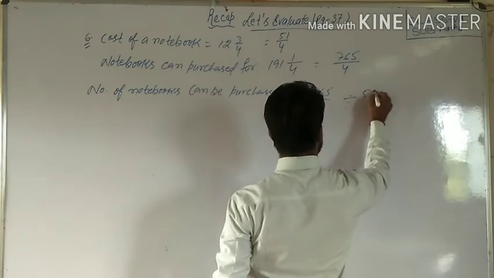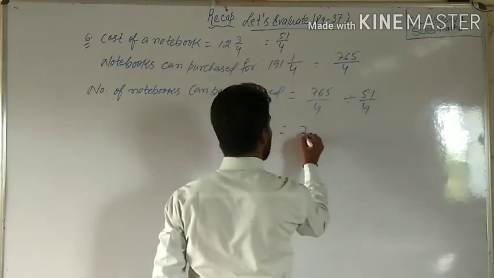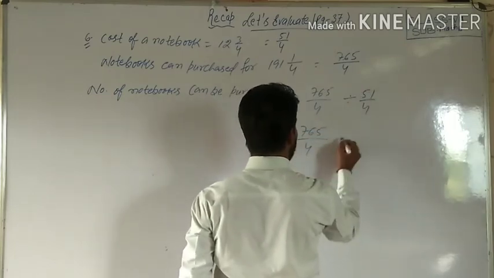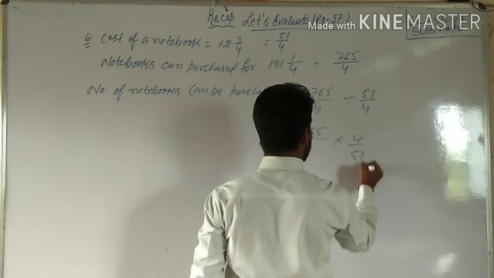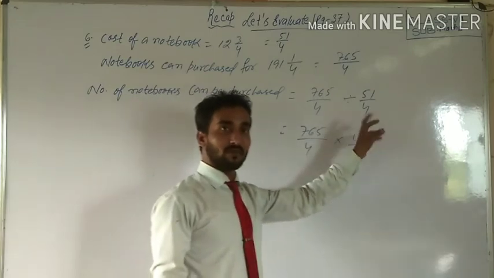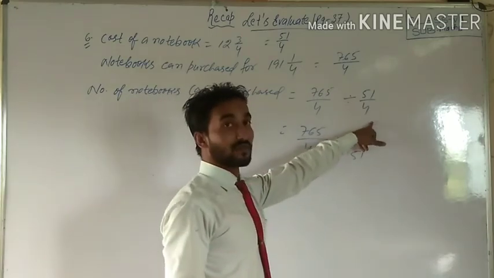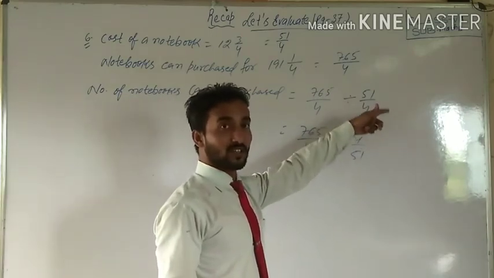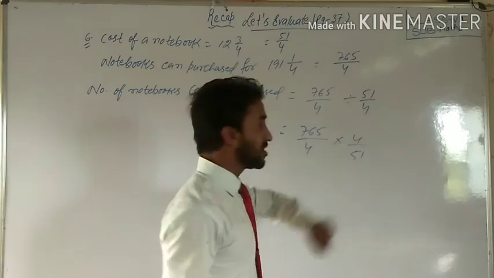So what will be there? 765 by 4 into 4 by 51. As we know, the division sign is replaced by multiplication, and the given fraction is interchanged, numerator into denominator and denominator into numerator.